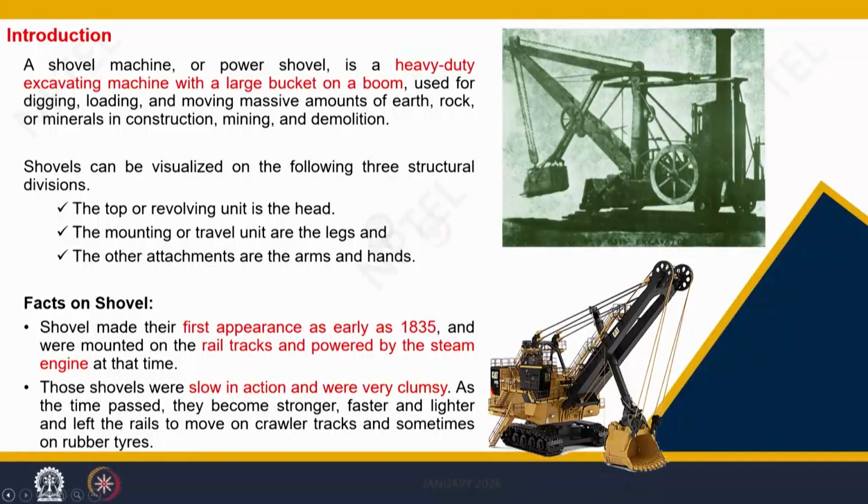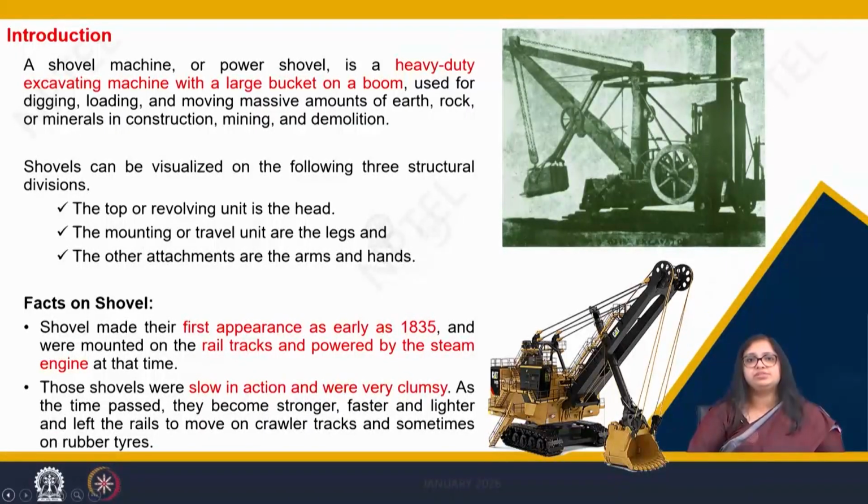Well, when we start with the shovel, in the first overview slide I have discussed what a shovel is. There are many kinds of excavators. Among excavators we have intermittent discharge type and continuous discharge type machines, and among them the shovel is one of the intermittent discharge type machines.